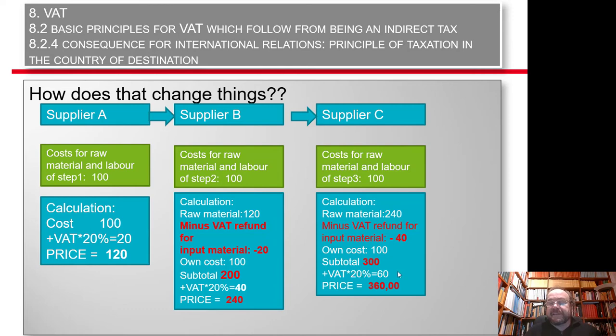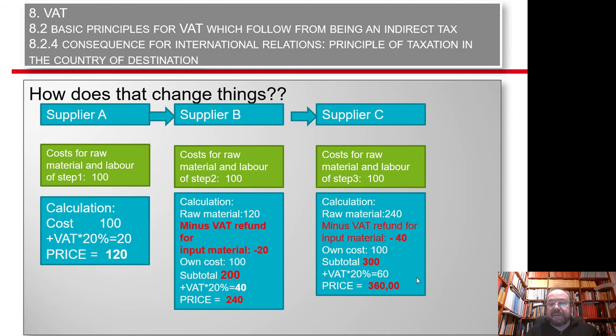C now makes his own calculation. I bought raw material from supplier B for a price of 240. Minus 40, the VAT included in that price, will be refunded by the fiscal office. So my net cost for the raw material is only 200, plus my own cost of 100 for labor and so on. Subtotal, my necessary net price, which I need to calculate, is 300.